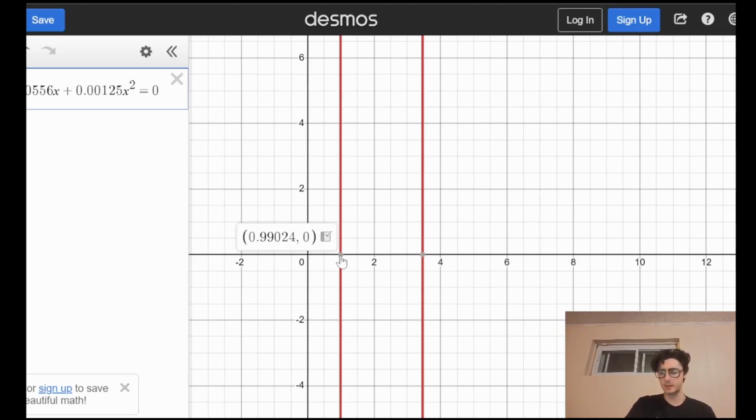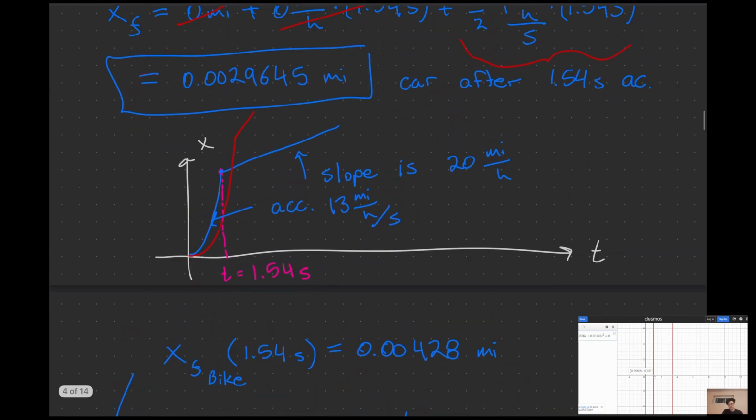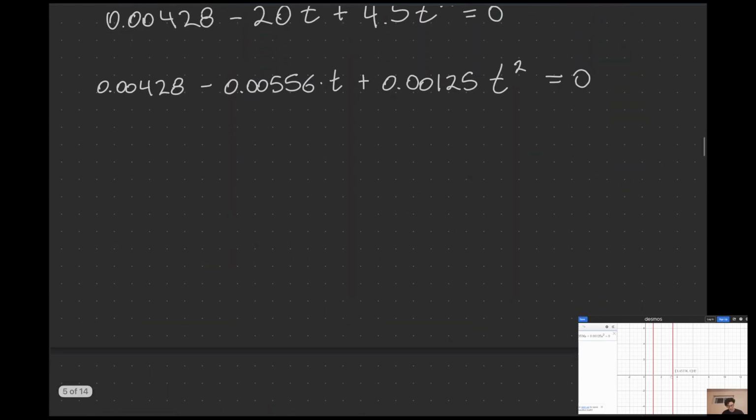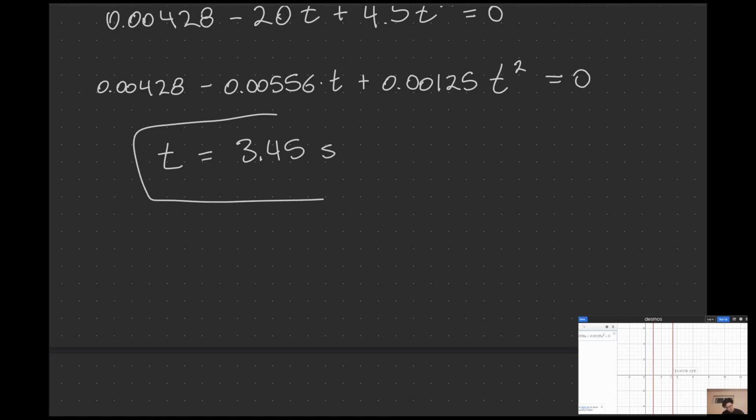Remember, we found out the bike accelerated until 1.54 seconds, and we found out that the position where they intersect, the last moment in time where the bike is overtaking the car, happens after this. So the only possible answer could be the other root, which is 3.45 or 3.46. Let's put t is equal to 3.45 seconds. Put this in a box, and this is the answer for part A.